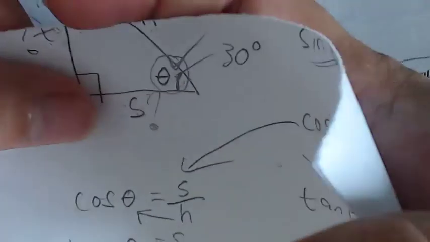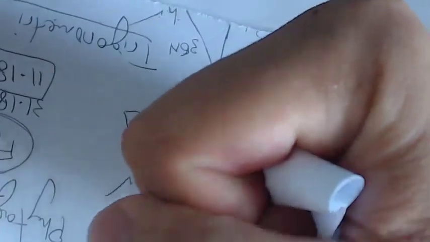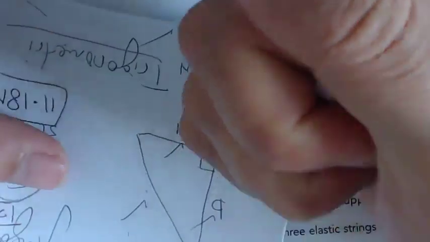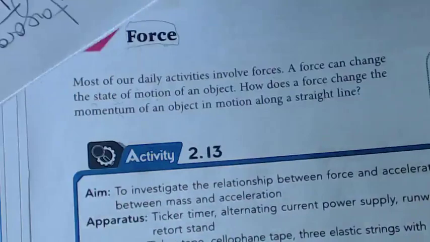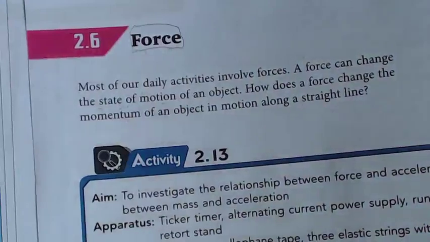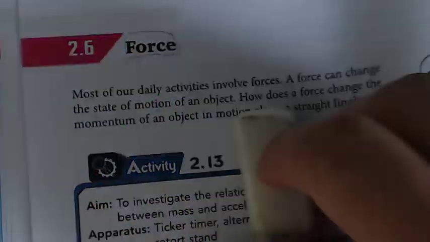Force can cram the paper like this. Okay, I use my finger here and put some force on a piece of paper. This is what happened. This is what force can do. Okay, force can tear. Okay, like that. So many things force can do.